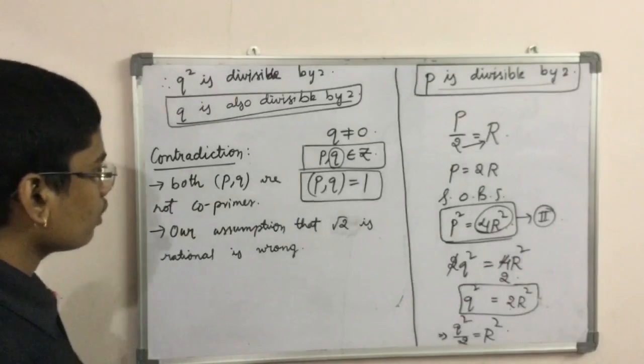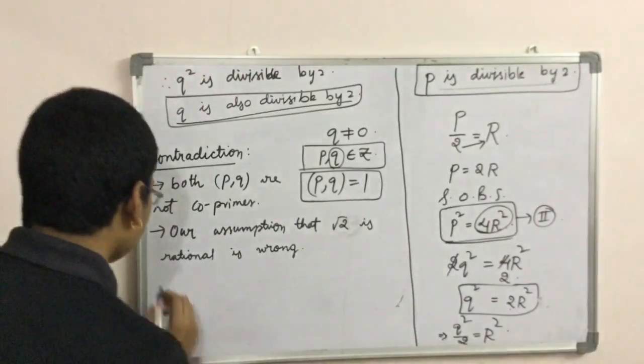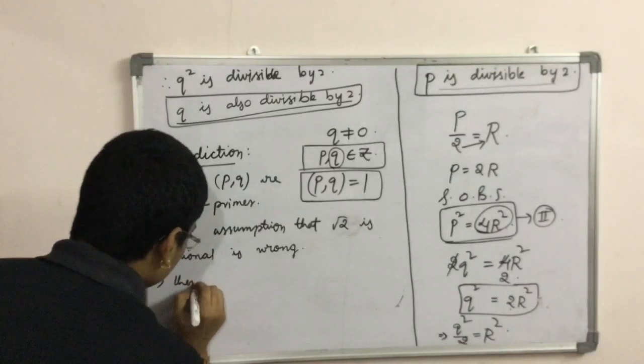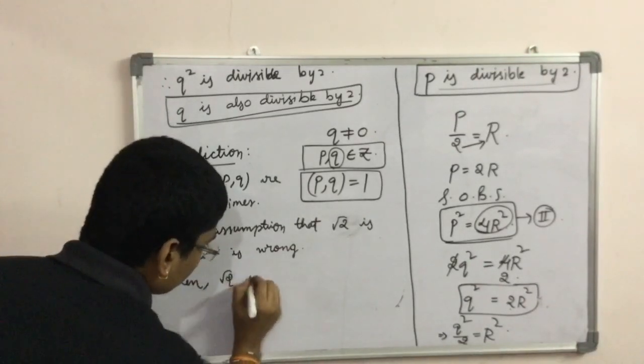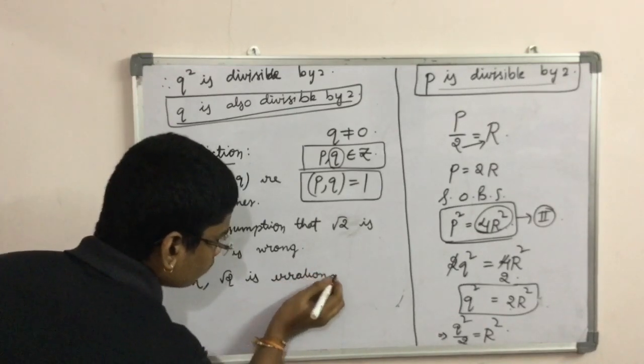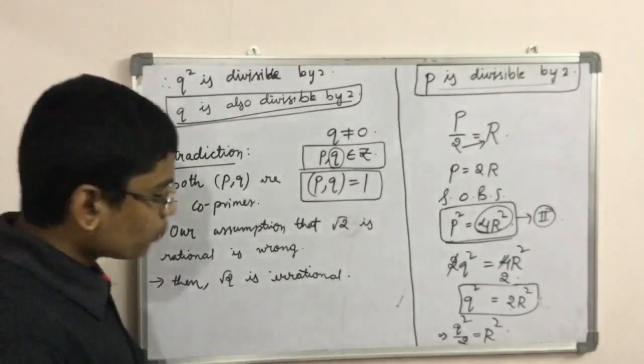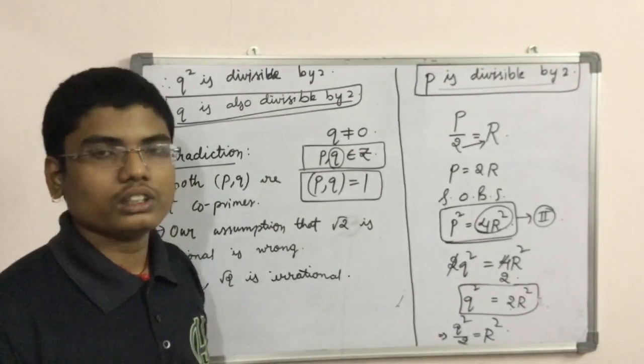Now whenever root 2 is not rational, then it must and should be irrational. Then root 2 is irrational. And this is our final contradiction, and we have proven that root 2 is irrational.